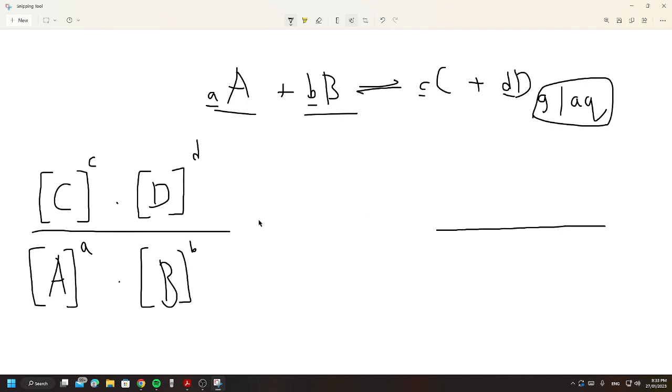Now, this is for everything except Kp, where Kp is represented like this.